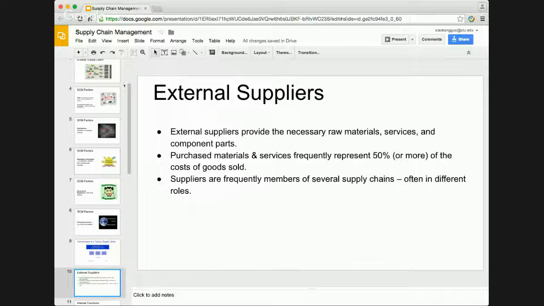It is the necessary raw materials, service, and component parts. Purchased materials and service frequently represent 50% or more of the cost of goods sold. Suppliers are frequently members of several supply chains, often in different roles.